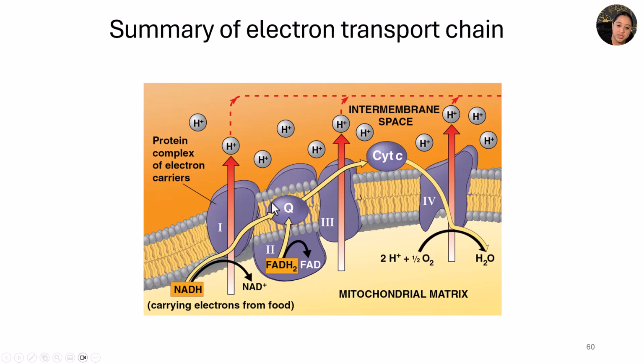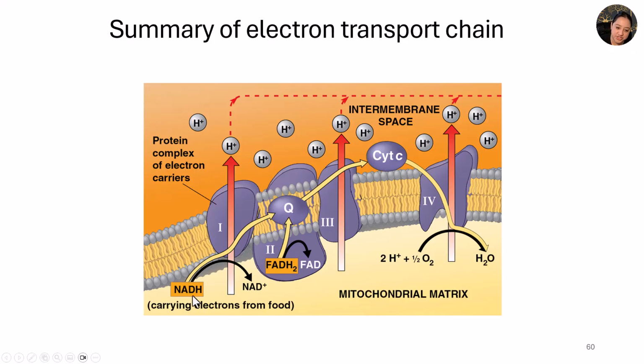So from this complex to this one, and then to cytochrome C, and then to this complex, and then eventually on to the oxygen to make H2O. So the yellow arrows are the path of the electrons.